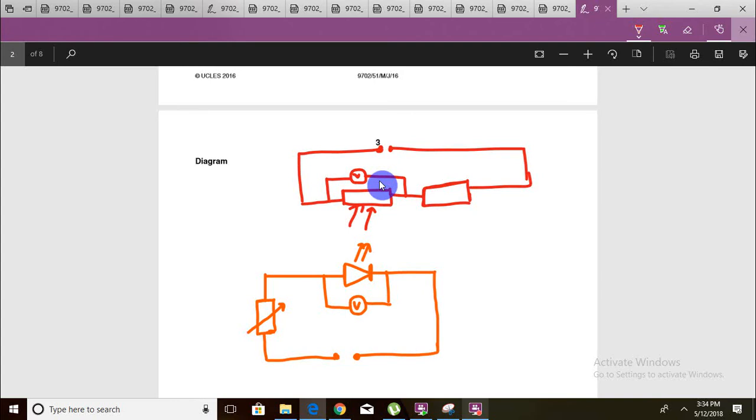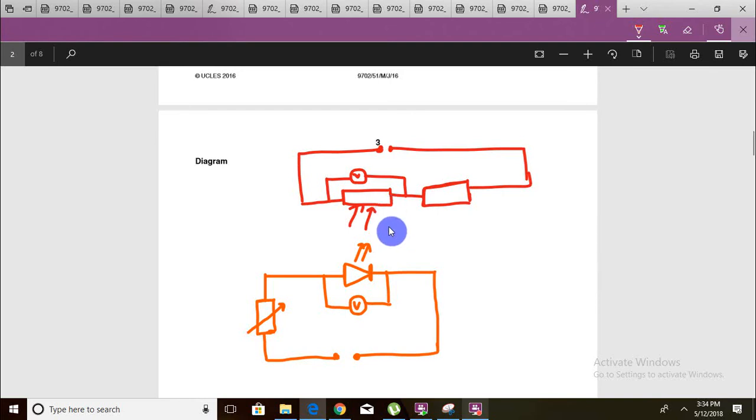Well, if you think about it, because we're using this as the sensor device, what are the things you should probably have standardized? Because what this is detecting is basically light intensity. So what are the things that are going to affect light intensity?